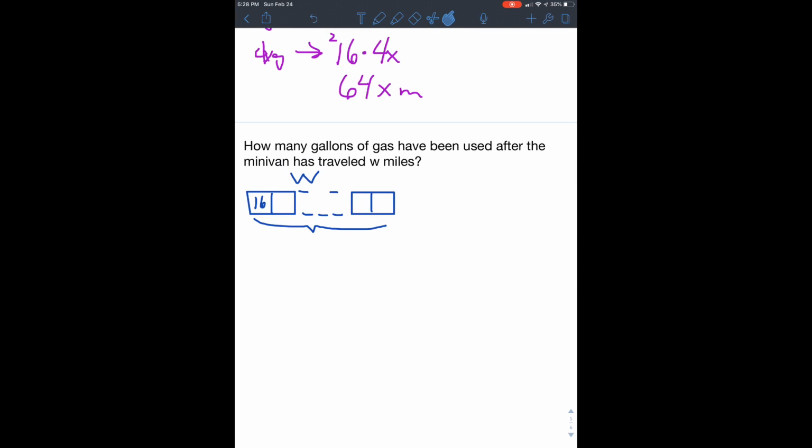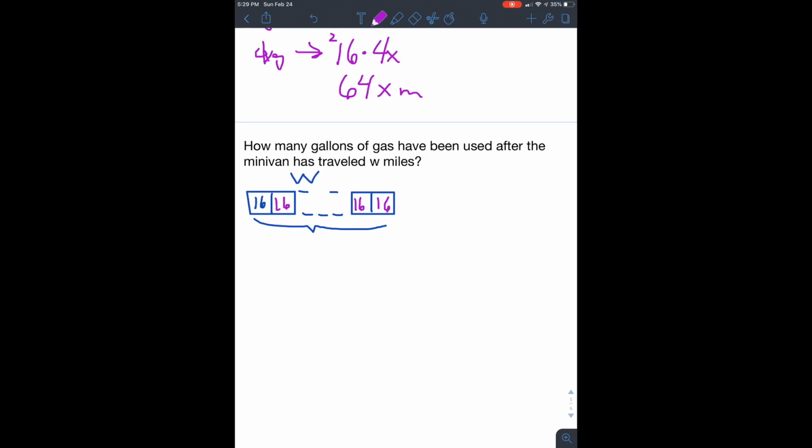How many gallons of gas have been used after the minivan has traveled W miles? So that W is that total, remember? And in a problem like this on the bar model, we're doing 16 miles in each one. And so every 16 miles we're using a gallon.